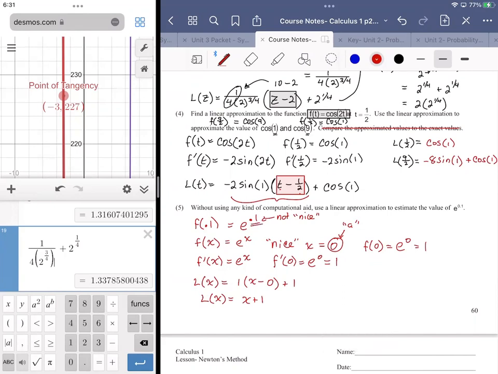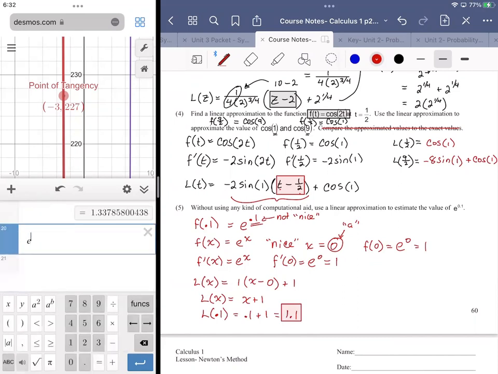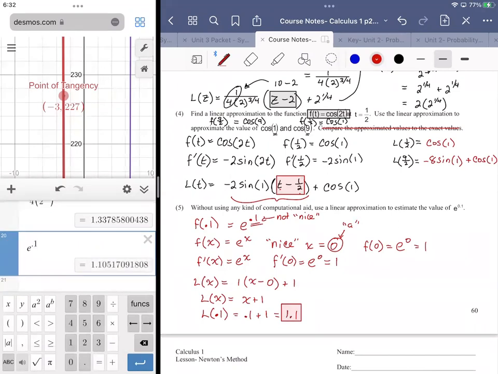All right. So L of 0.1 would be equal to 0.1 plus 1, which is 1.1. And so it's easy to verify because all I'd have to do is type in e to the 0.1 power, and yeah, it's 1.105, but 1.1 is a reasonable approximation for that. So that's not too bad.